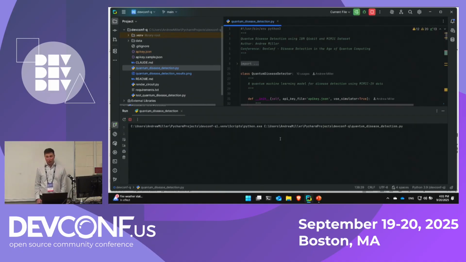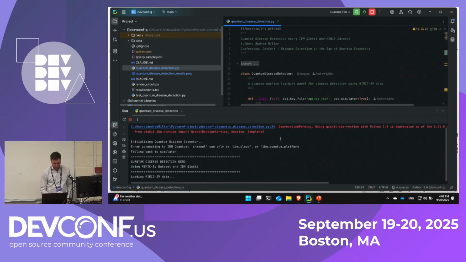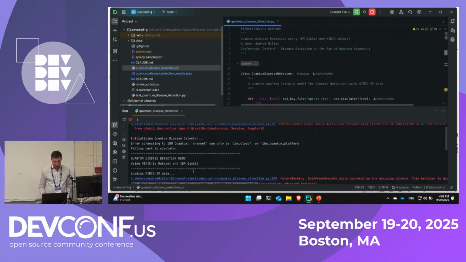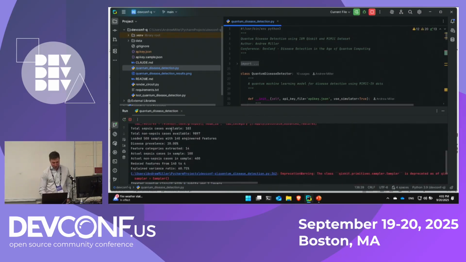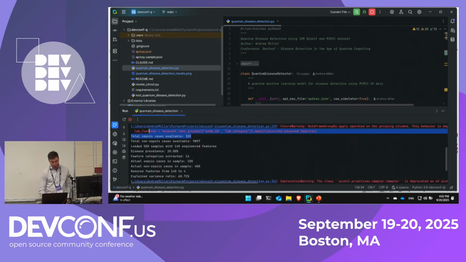And I hope that those quantum machines in the IBM data center are up. So it's like I described, this is loading the MIMIC data. Now it only found 100 cases of sepsis. So if we're doing 500 samples, you can imagine the prevalence rate.